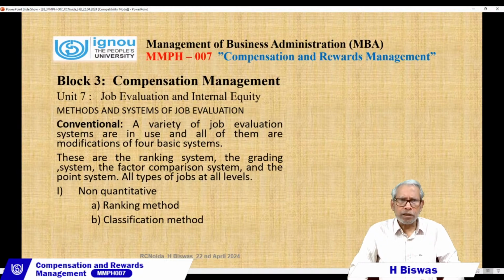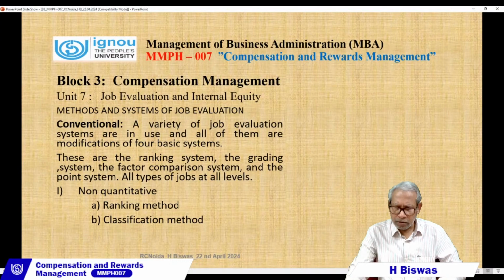Now, some of the methods and systems of evaluation. One is the conventional method: a variety of job evaluation systems are in use, and all of them are modifications of four basic systems. One is the non-quantitative ranking method, and the classification method.